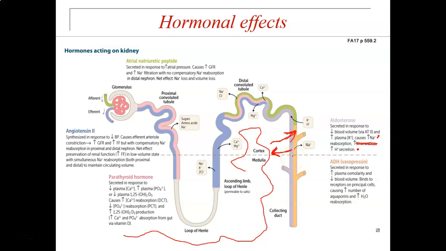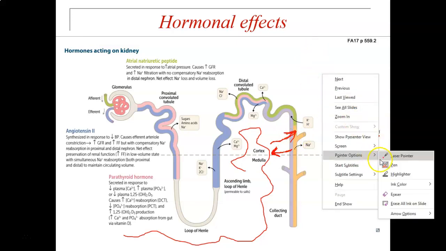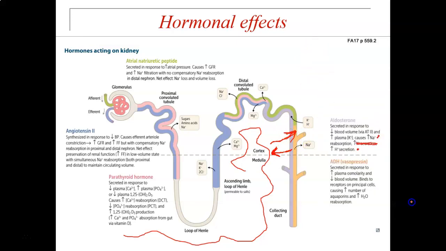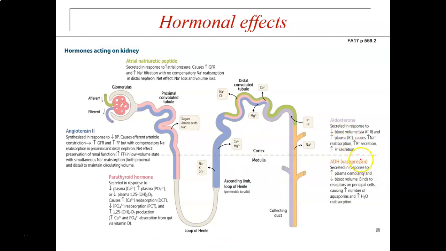That's why along the proximal convoluted tubule, along the distal convoluted tubule, along the collecting duct, the permeability and the molecules which are gotten rid of drastically vary because of the amount of hormonal influence.